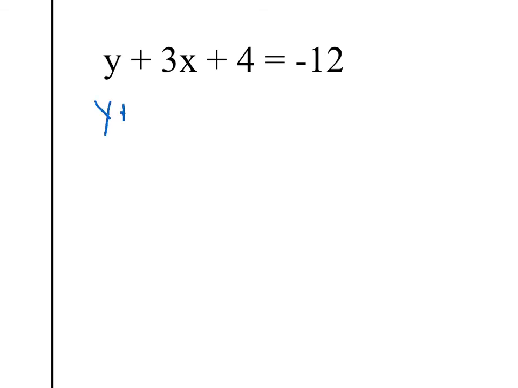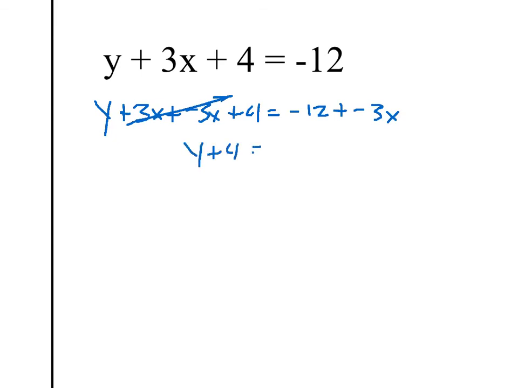So we added 3x to the y term, so we need to add negative 3x. If I do it to one side, I have to do it to the other. So 3x plus negative 3x is what? 0. Cancels out. That leaves us with y plus 4 is equal to negative 12 plus negative 3x.